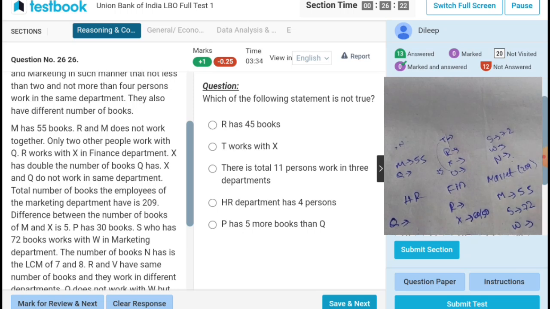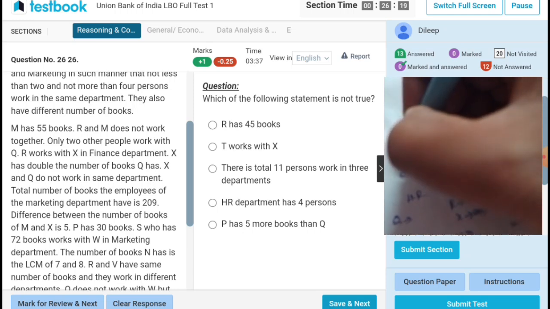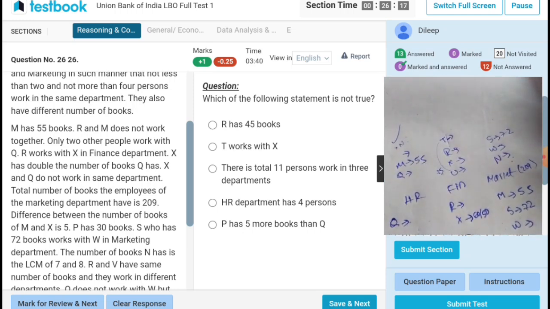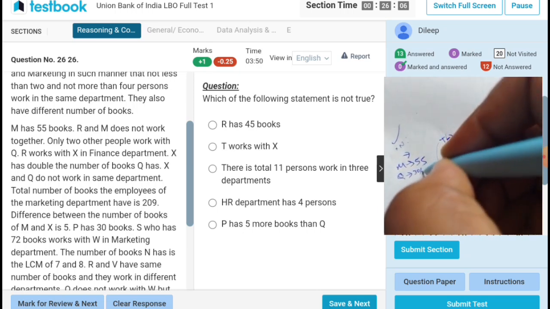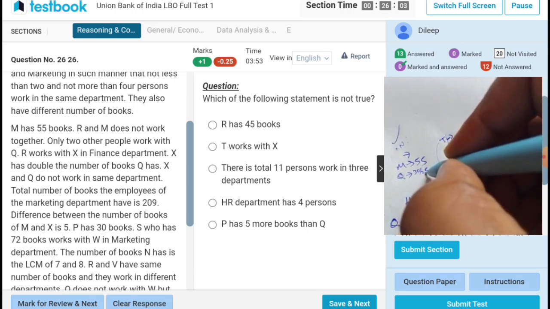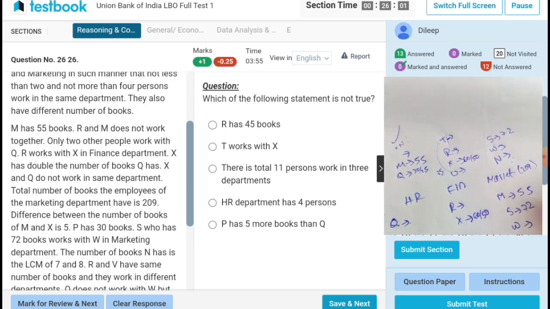Only 2 other people work with Q. X is double the Q. 30 or 25. M and X is 5.